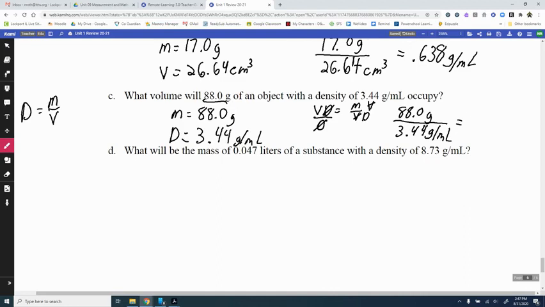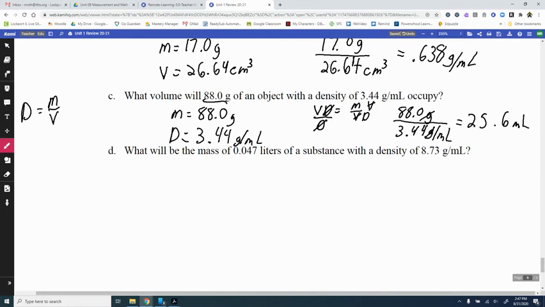We get 25.6 milliliters. It's milliliters because grams cancels out, and we're left with milliliters on the bottom of the bottom, so that's actually just regular milliliters.